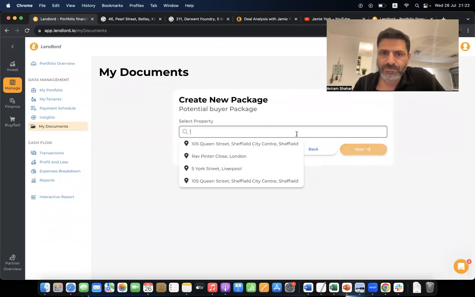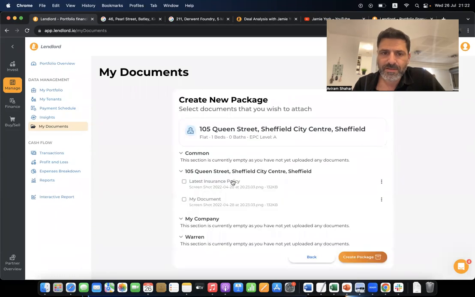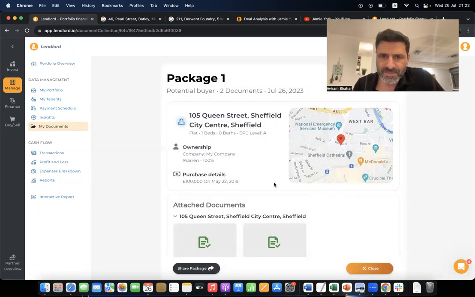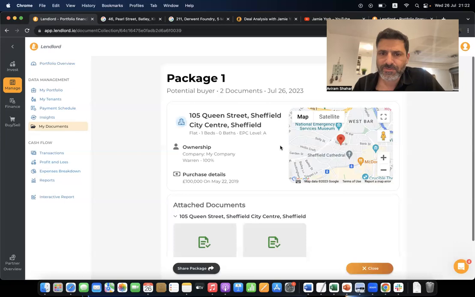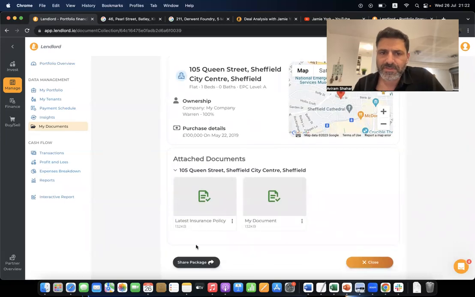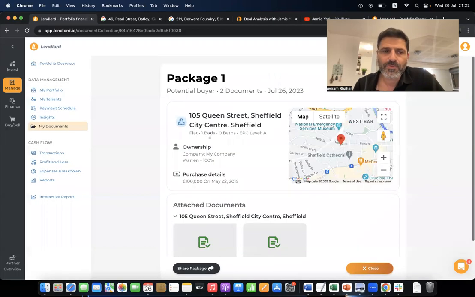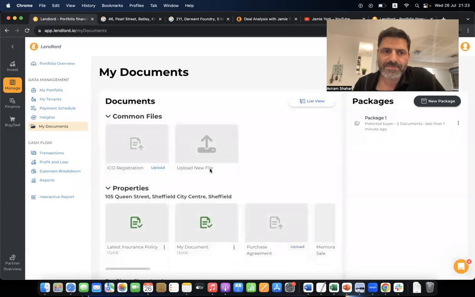So this is very useful. You just need to select the property, then select the documents you want to share, create package, and then the platform will generate an HTML report with some details about the property and the documents, and you can share it with others. So it's also something that is very important, all the documents in one place.